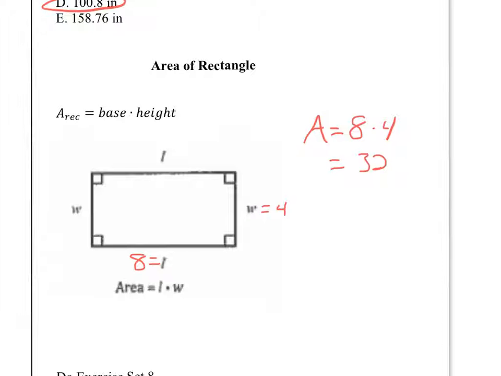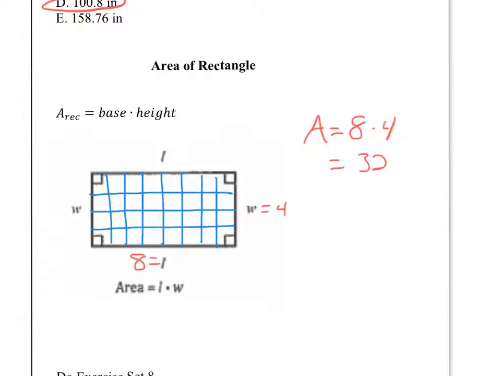So just to give you an idea what that means, if this is 4 units across, that means we could fit 1, 2, 3, 4. If it's 8 this way, that would be like this.